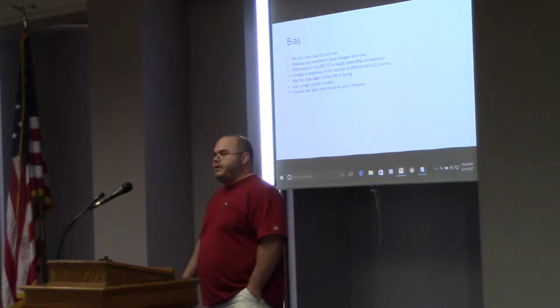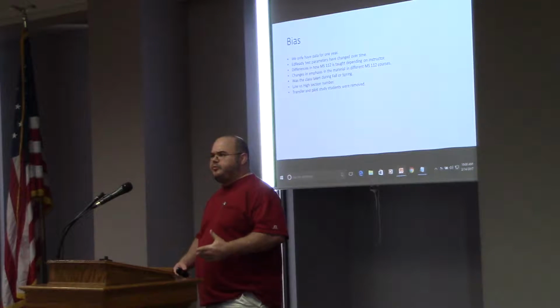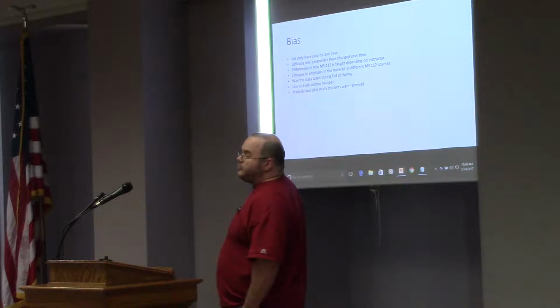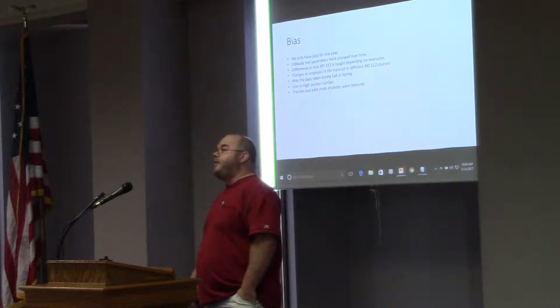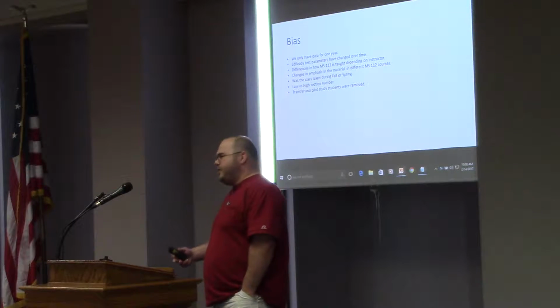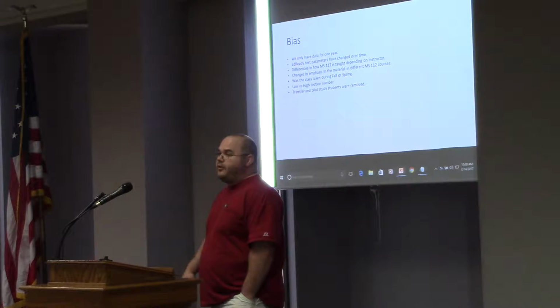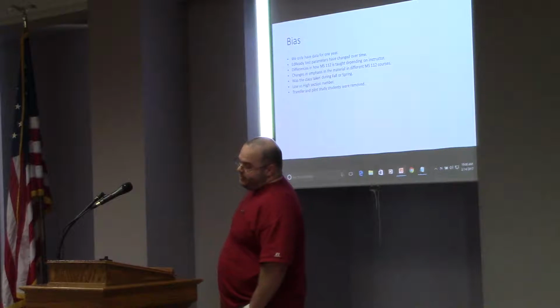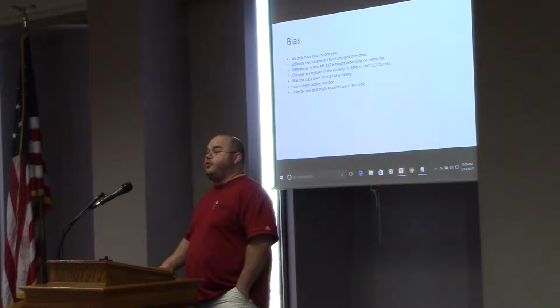Fall versus spring: I tend to see a difference in level of students between fall and spring, so that's another bias that can come up. Section numbers: you assume the better students are getting into the lower section numbers because they're more serious or at least register earlier than the other students. And then we had transfer and pilot students that we had data for, that we had to throw out.